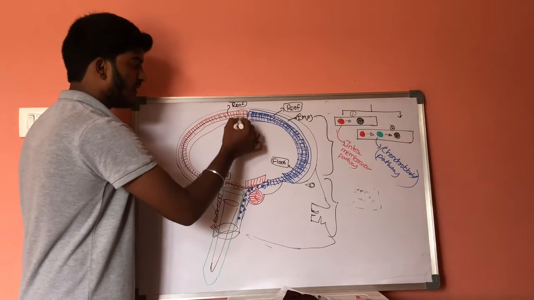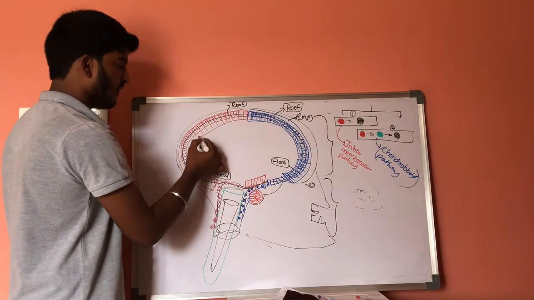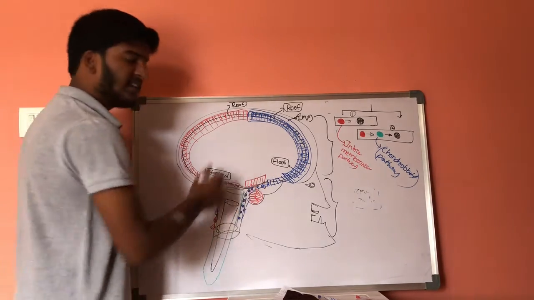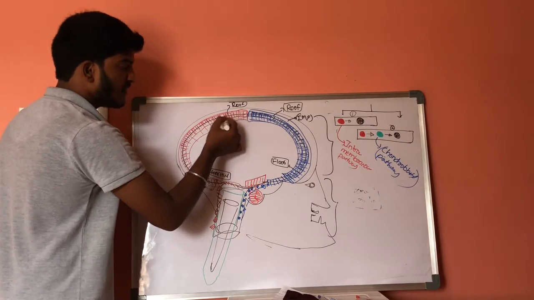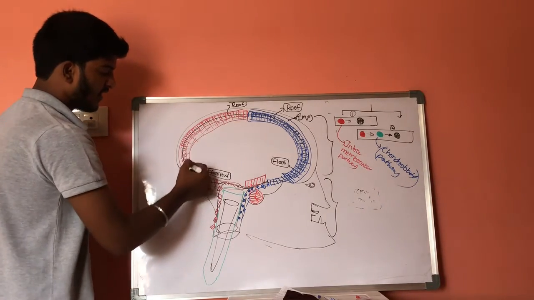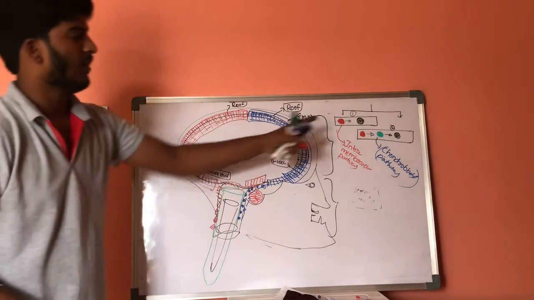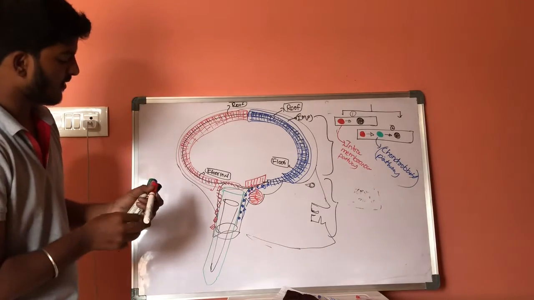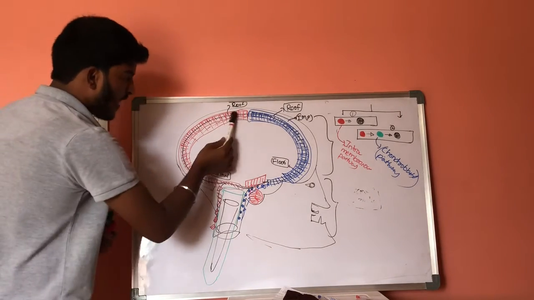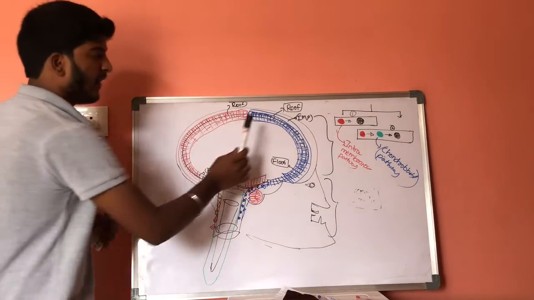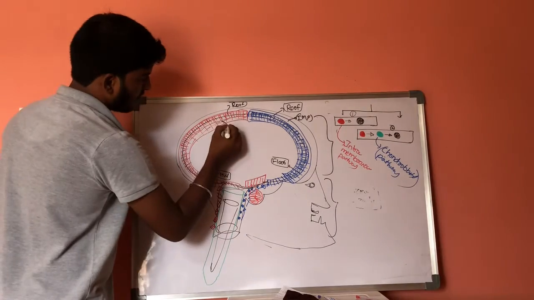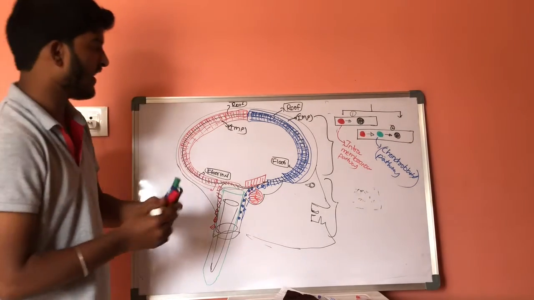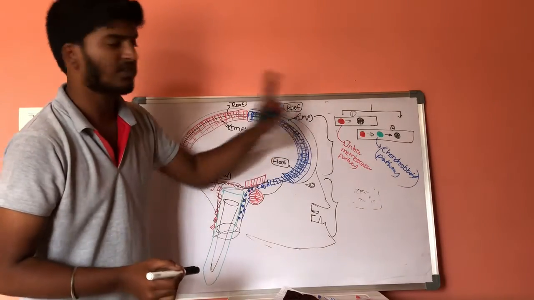Now, this special region also consists of mesenchymal cells, which get directly converted into osteoblast cells. So this posterior part also involves the intramembranous pathway. That is, the mesenchymal cells directly convert into osteoblast cells.